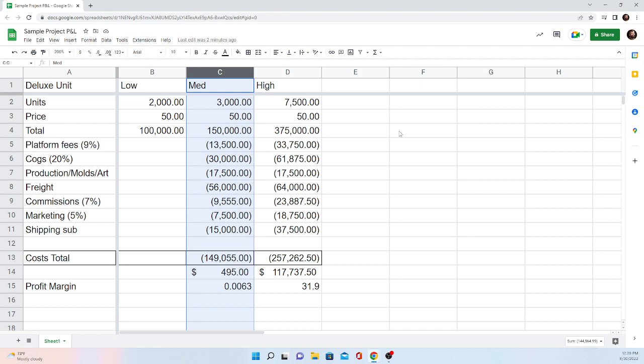You don't have to do a low, medium, high for every add-on, but you need to see, hey, I think I'm going to move 500 playmats. So then you pop in your units, you pop in your pricing, you do all of this for that as well, and you see, because if you aren't at least at 30% profit margin, you might need to think about whether or not you need to offer that individual item.